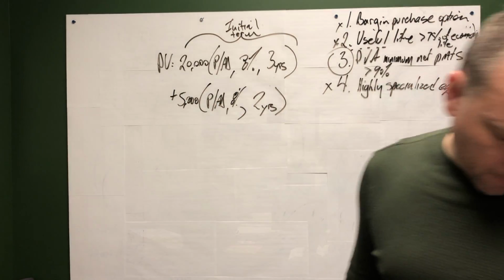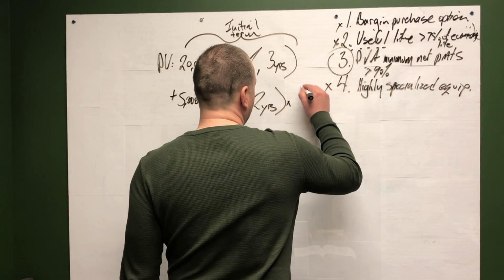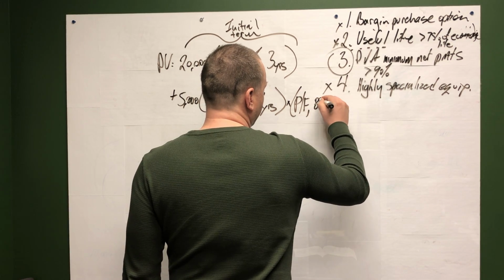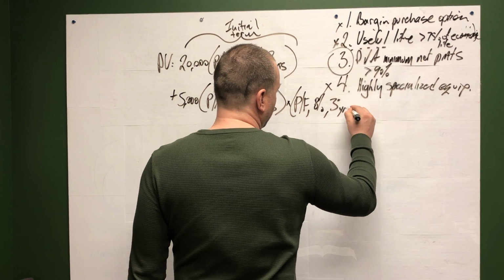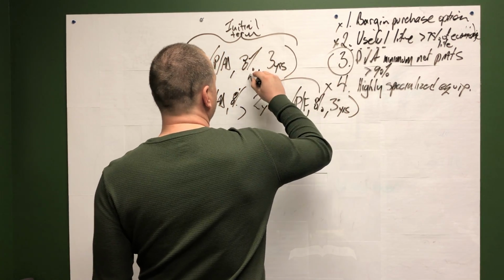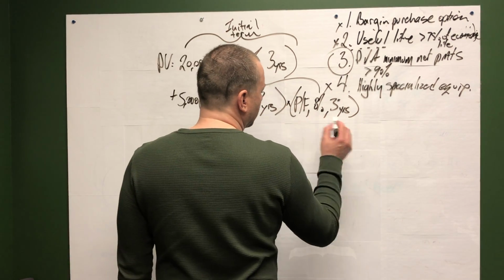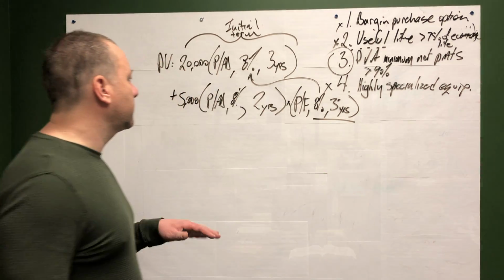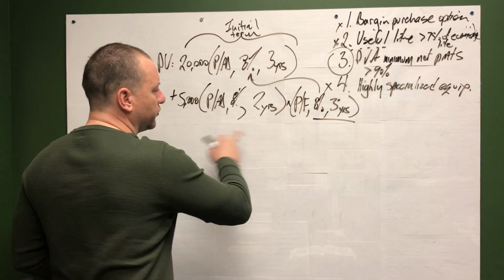We also then have to multiply it further by P over F, 8%, 3 years. This is going to be off our present value table chart. These are always going to be the same when we have a bargain purchase renewal.